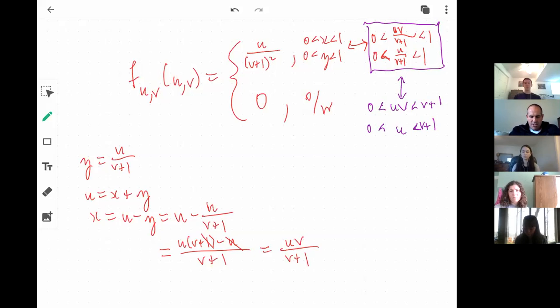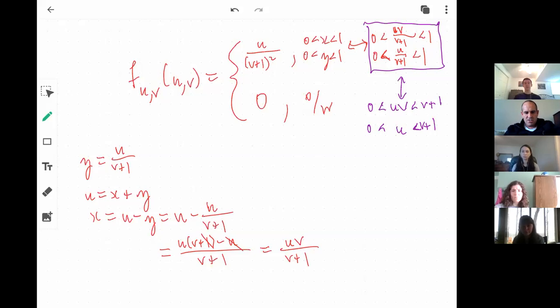You could even divide by U in the first one to get a range for V, but you don't necessarily have to do this. So there remains a question of what that region is, but that's not what you were asked to do in this problem. You were simply asked to find the joint density? Is this the answer they gave? I'm assuming.